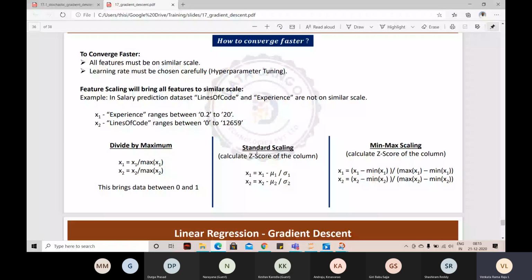For x1 and x2, subtract minimum and divide by maximum minus minimum. Got it? Any questions? Feature scaling is very important in gradient descent.